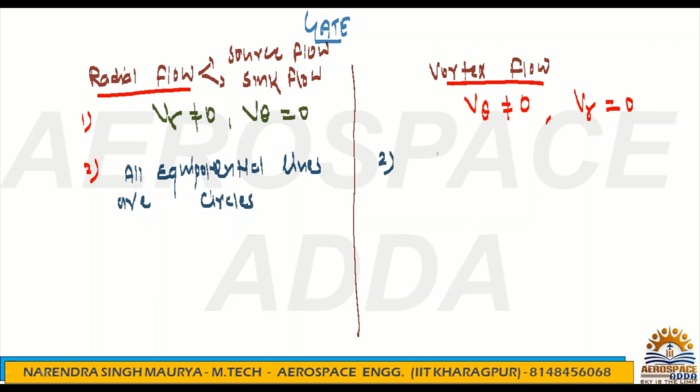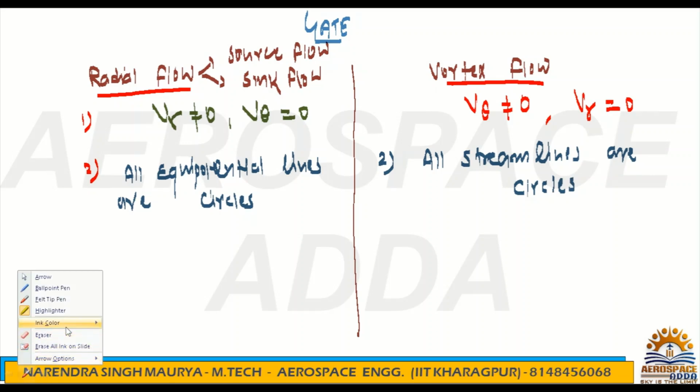But in case of vortex flow, all streamlines are circles or concentric circles.